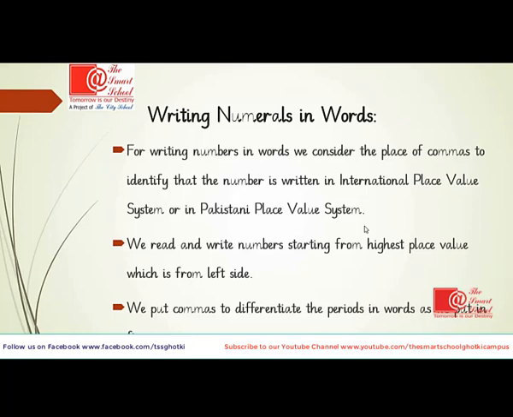Means by just looking at the place of commas, we can find in which system the number is written. Now we read and write numbers starting from the highest place value, which is from the left side. Okay, now we put commas to differentiate the periods in words as we put in figures.